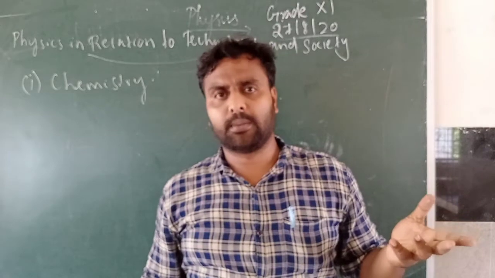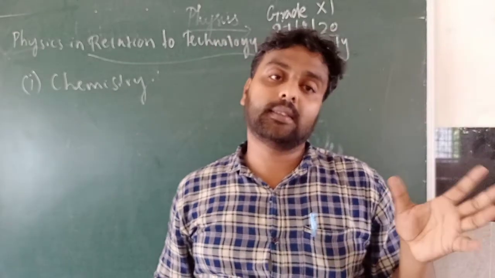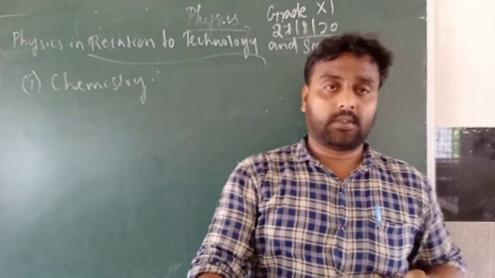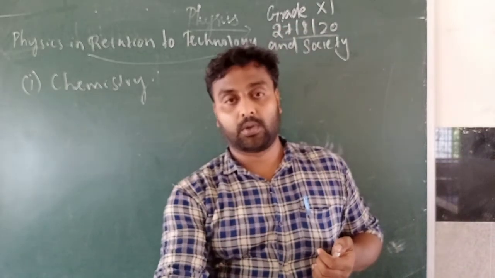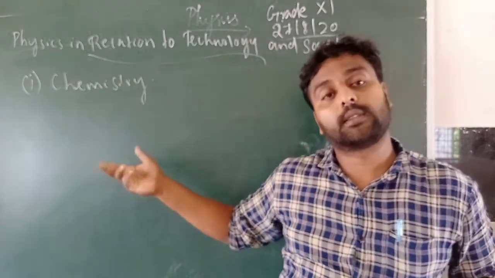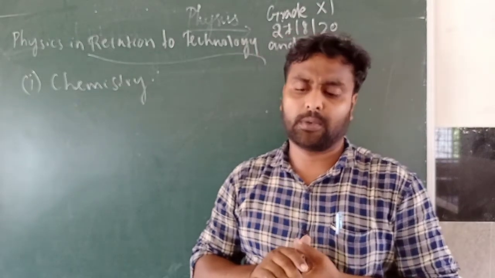You know the periodic table, isn't it? Yeah. So the periodic table is arranged based on physics topics. Based on the structure of the atoms and all, chemistry researchers arranged that periodic table.